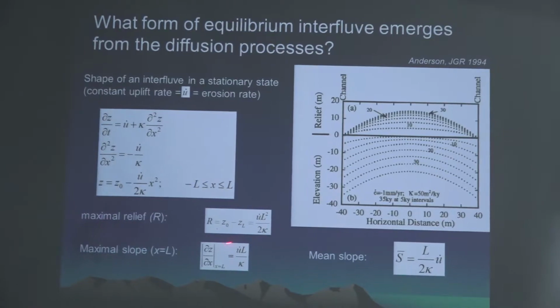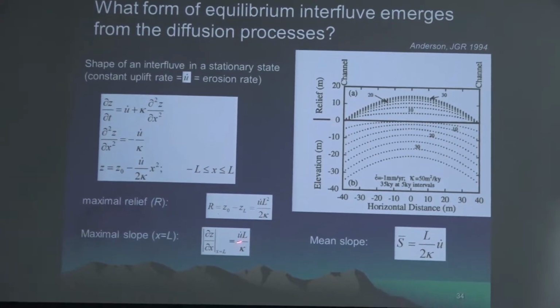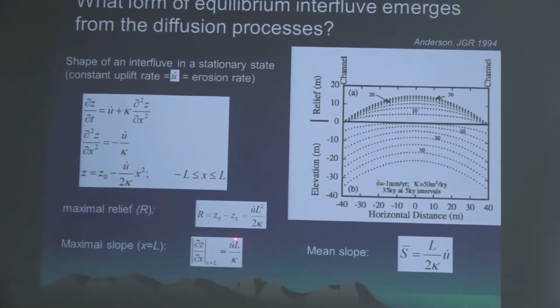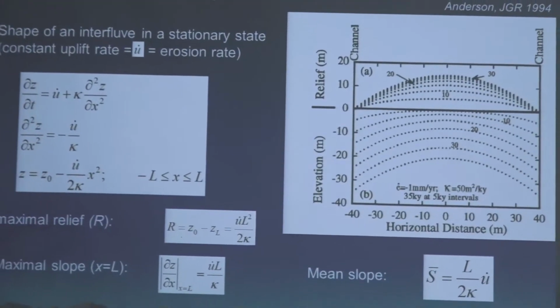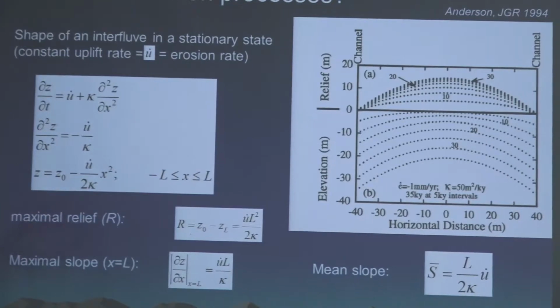The maximum slope that will be found here also depends on the uplift rate. So if the uplift rate is increasing, you will increase the steepness of your parabola. And same for the mean slope of all your watershed. It will also increase linearly with the uplift rate, and also depends on 1 over the diffusion coefficient.